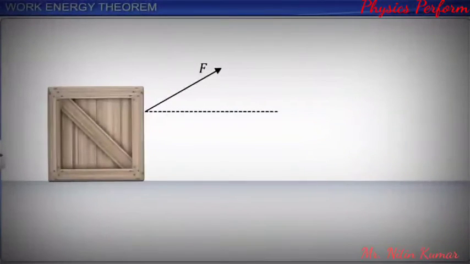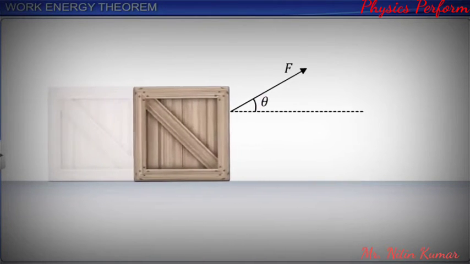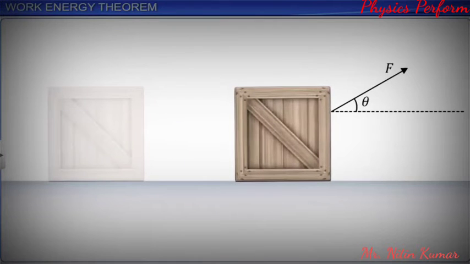Here, the force makes an acute angle theta with the horizontal. In this case, too, we observe that the block moves in the horizontal direction only. Here, the total amount of force is not being utilized to move the block.